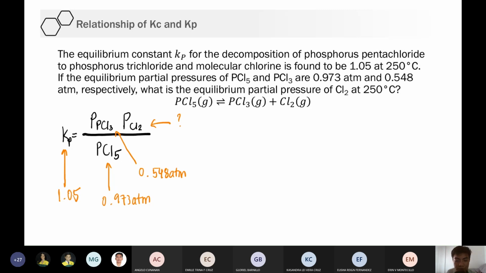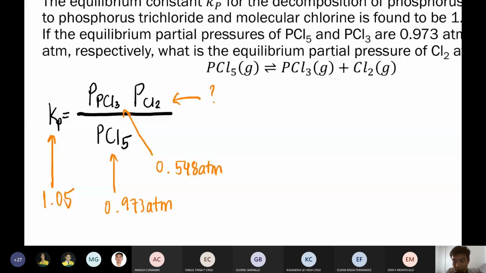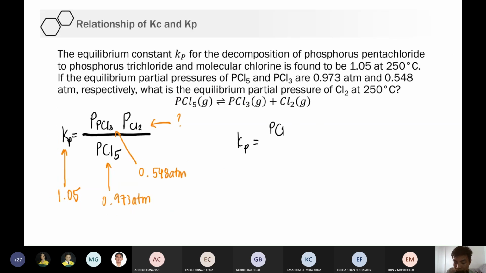So in order for us to solve for the PCl2, we have to rewrite our equation. Okay? So algebra na tayo. Sulat ko dito. So we have PCl3, PCl2 divided by PCl5.